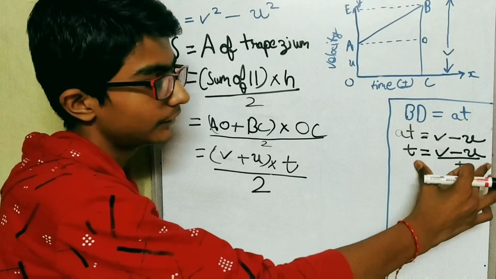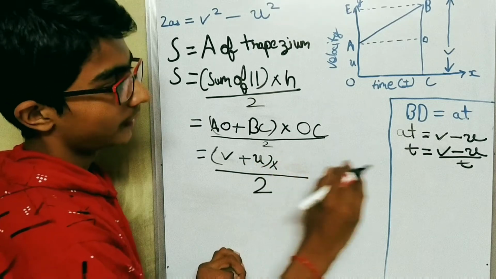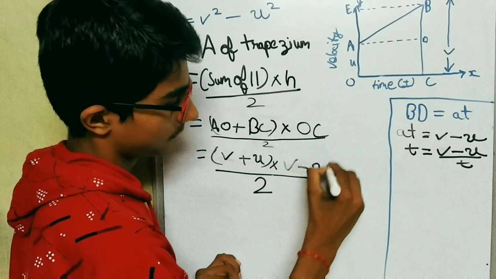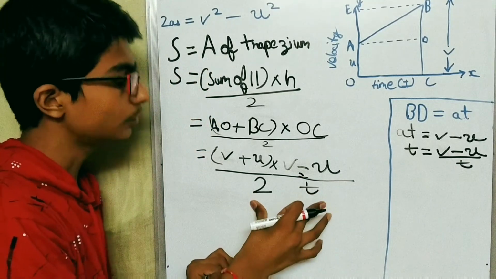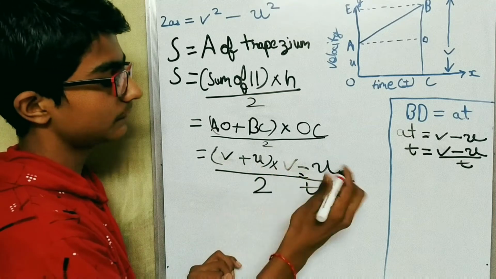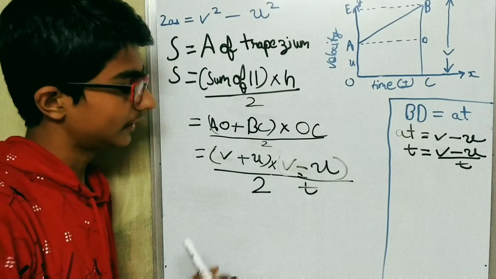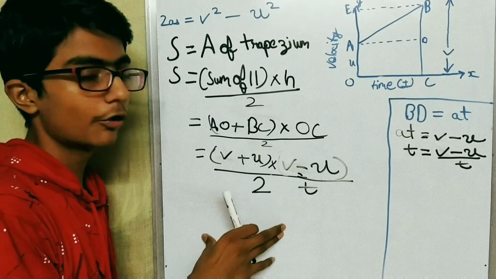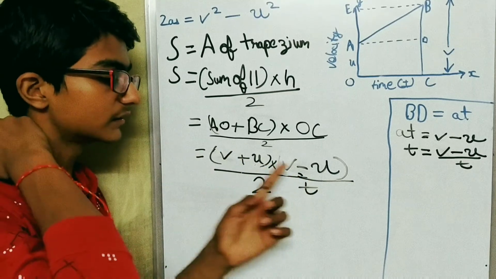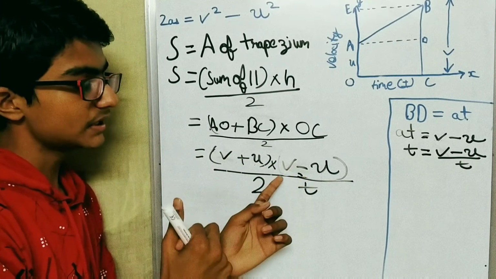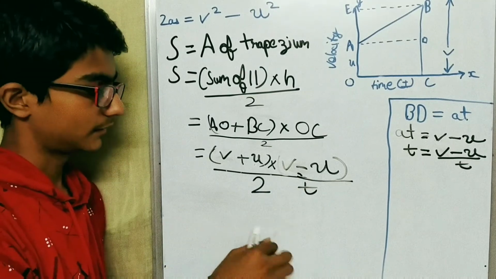Then we will put v minus u upon a in place of t. So now that will be v plus u and v minus u. See, this is the identity which we learned in chapter 2 of polynomials of class 9: a plus b into a minus b is equal to a square minus b square.